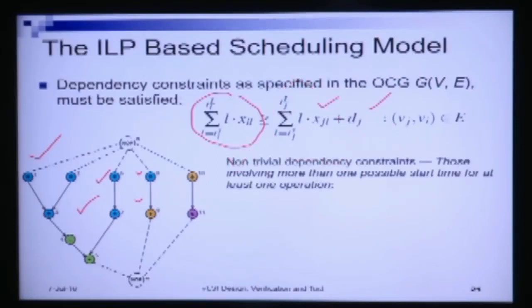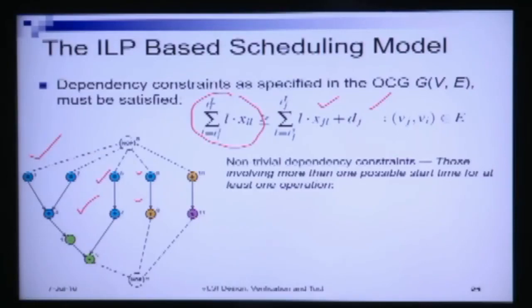Now, in our example, we don't show all the dependency constraints here, but show only the non-trivial dependency constraints. And what do we mean by non-trivial dependency constraints? Those dependency constraints involving more than one possible start time for at least one operation.